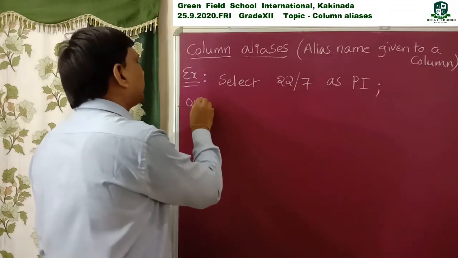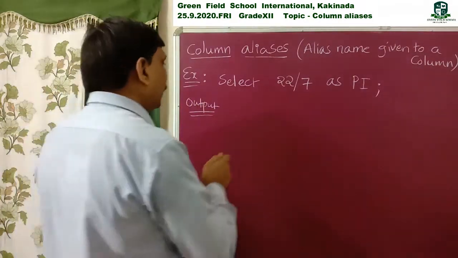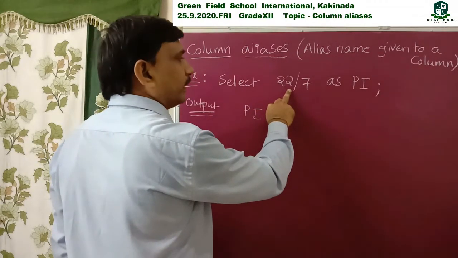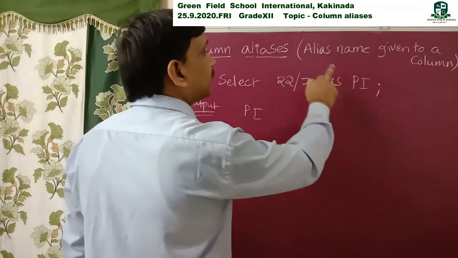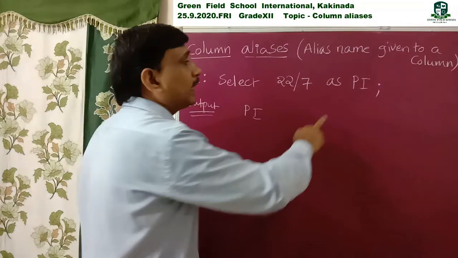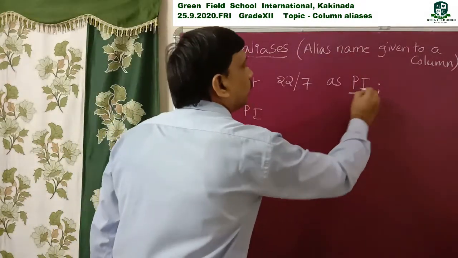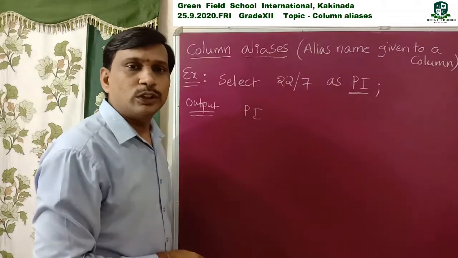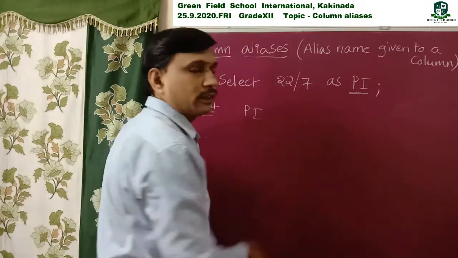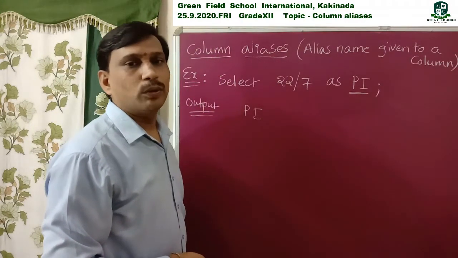When you execute this statement, it displays the following output. Here the actual column name is 22/7, but we replace that column name with pi. Here we do not specify any double quotes, because we use only a single word.